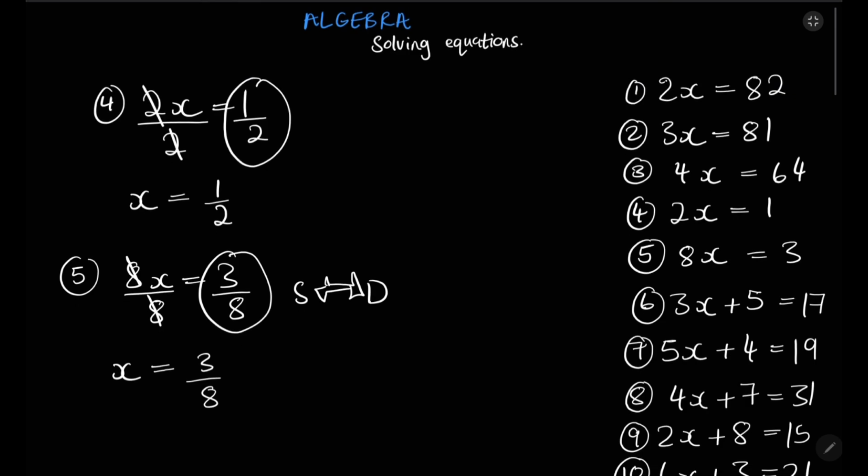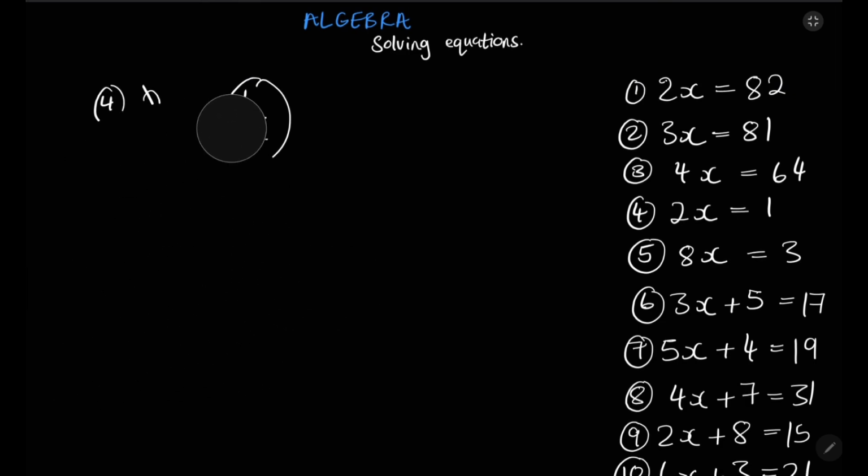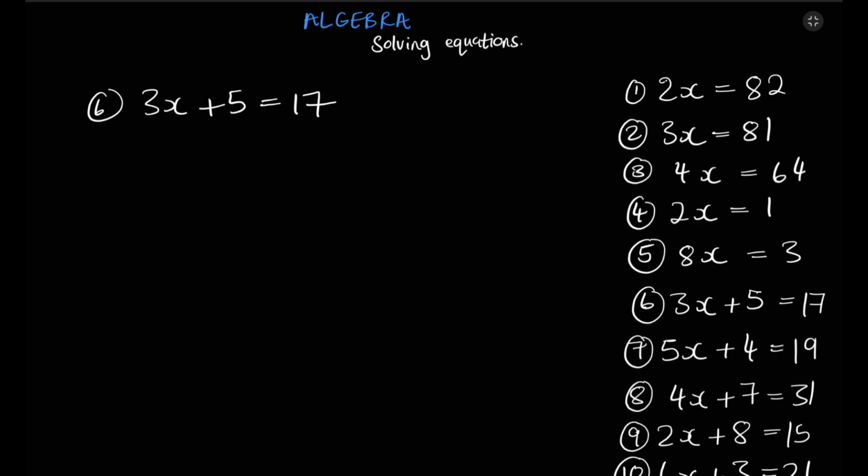Okay, now let's try the sixth example. Number 6, what is our question? 3x plus 5 is equal to 17. This is similar to the equation that I introduced in the previous lesson. You know that the first step, we have to isolate our x.